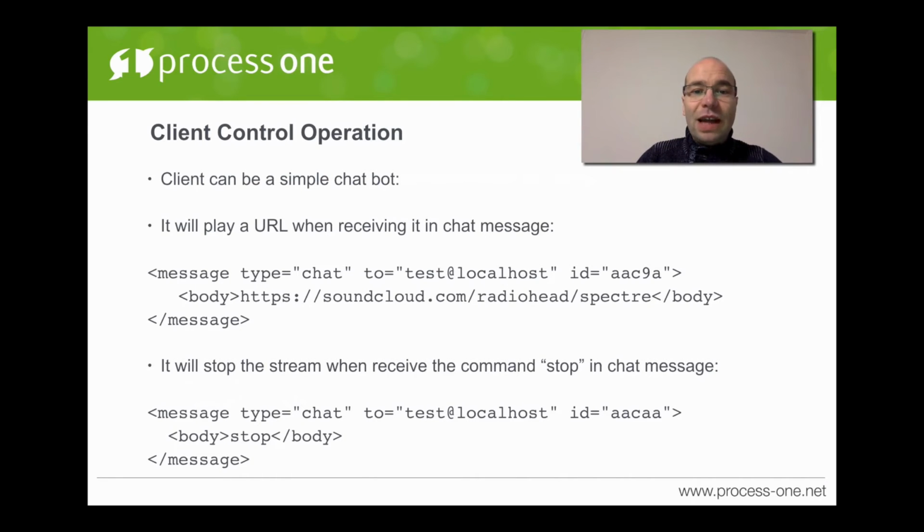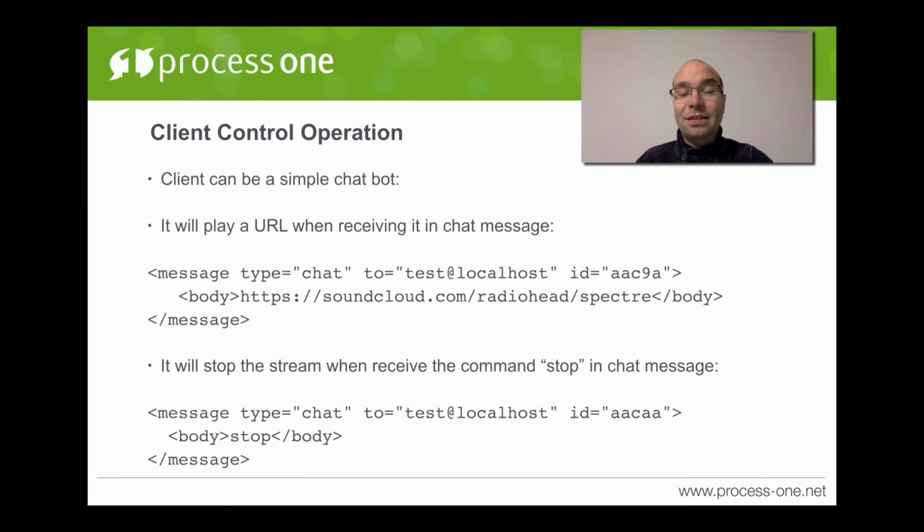For the client control operation, the first thing I will demonstrate is that my things can be a chatbot, and I can simply send messages. As you see on the slide, this is simply XMPP chat messages. I am sending a URL from Soundcloud, which is coming from the website. And the Raspberry Pi will receive the message, find the stream URL from Soundcloud from that URL, and play it.